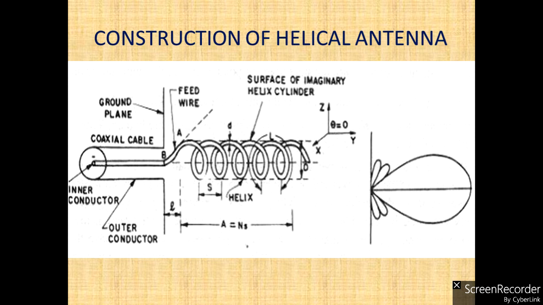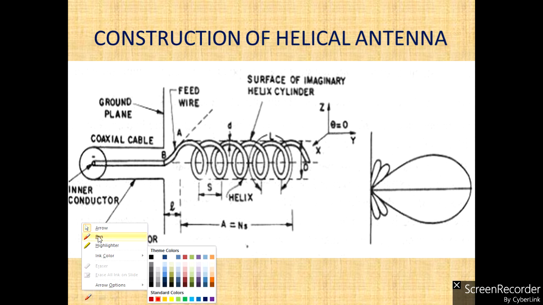As I told you, a conducting wire has to be turned around and made in the shape of a helix. Now in this construction, it is not just an ordinary wire we have taken. Here we have taken a coaxial cable.